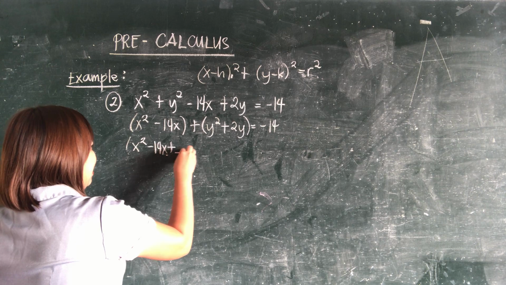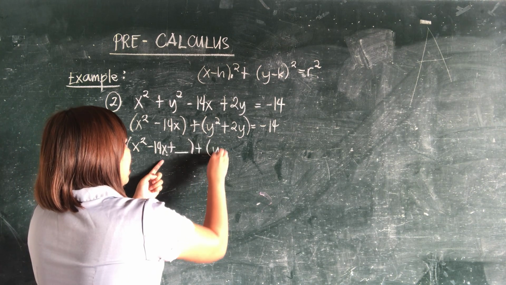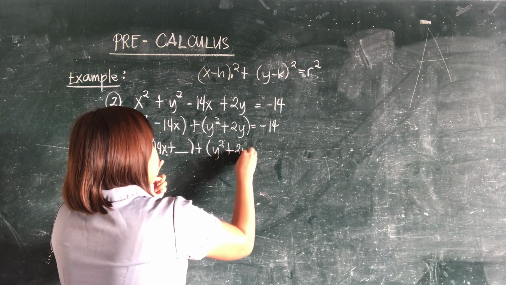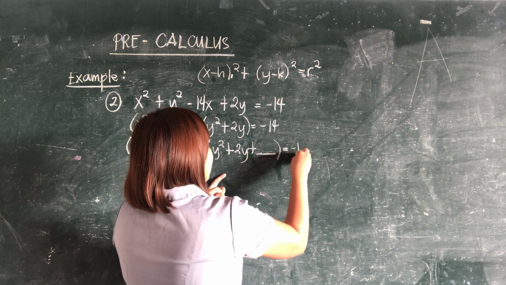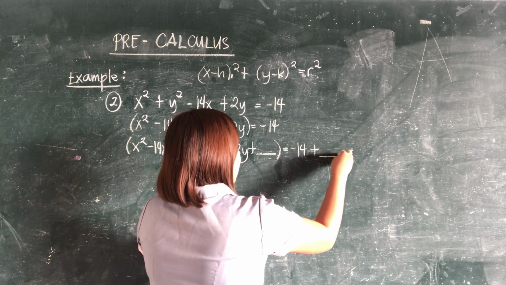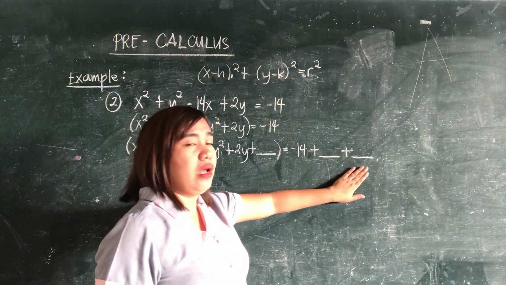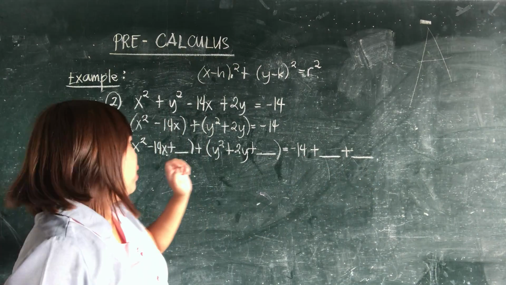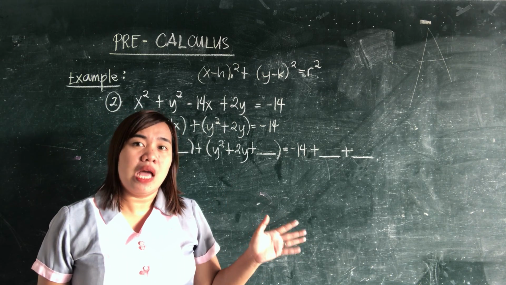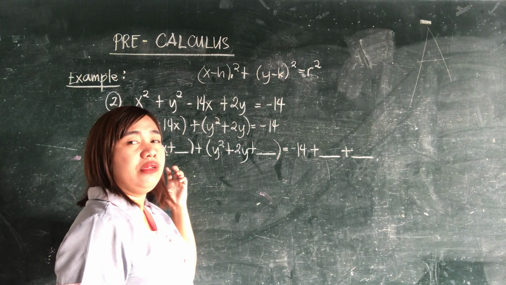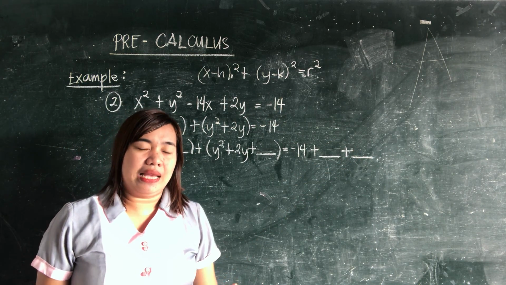So plus blank to complete the square sa ating x, plus y squared plus 2y plus blank again equals negative 14 plus blank plus blank. So we added 2 blanks on this side since we also added 2 blanks on the other side. So dapat balance. Kung ilan yung in-add natin dito sa left side, yun din dapat doon sa right side.